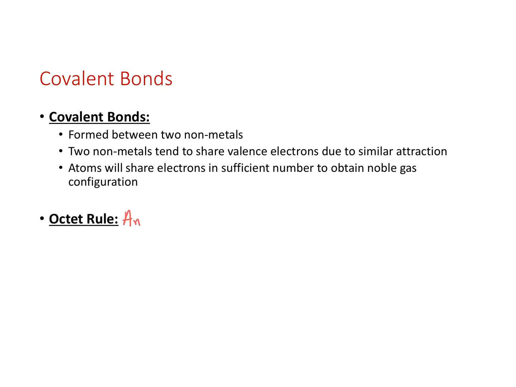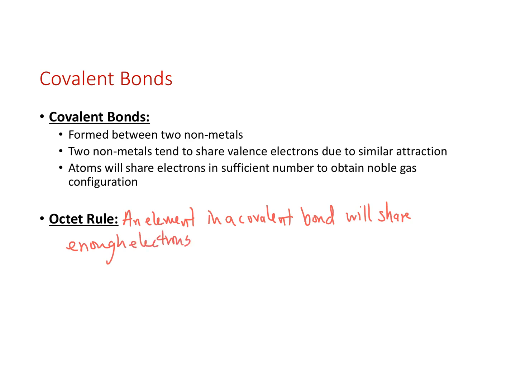So an element in a covalent bond will share enough electrons to obtain a full outer shell, essentially a noble gas configuration.